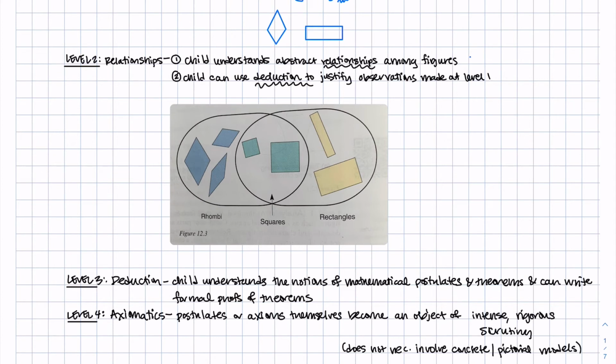For instance, rectangles, squares, and rhombi all have 4 sides. They're all 4-sided parallelograms, right? They have 1, 2, 3, 4 sides, and each of the opposite sides are parallel. But squares and rectangles have right angles, meeting perpendicularly, but rhombi do not, right?